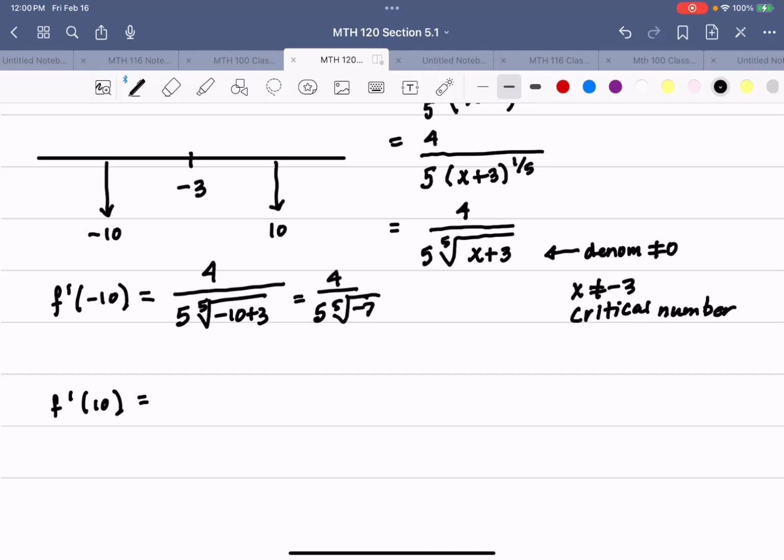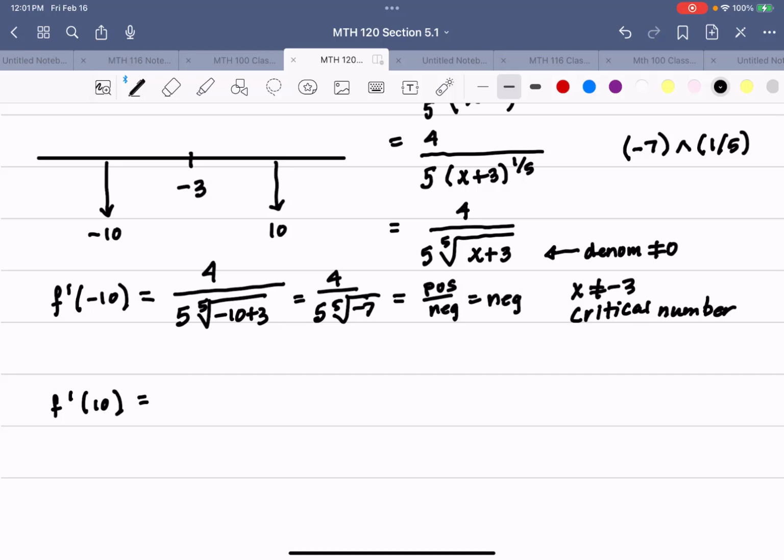That's perfectly fine. You can take an odd root of a negative. It's some decimal. If you wanted to do that in your calculator just to see, you put negative 7 to the 1/5, but you need parentheses around both the base and the exponent. But it would show you that that's just a negative number. And the actual value doesn't matter. This just means that our derivative at negative 10 is a negative.